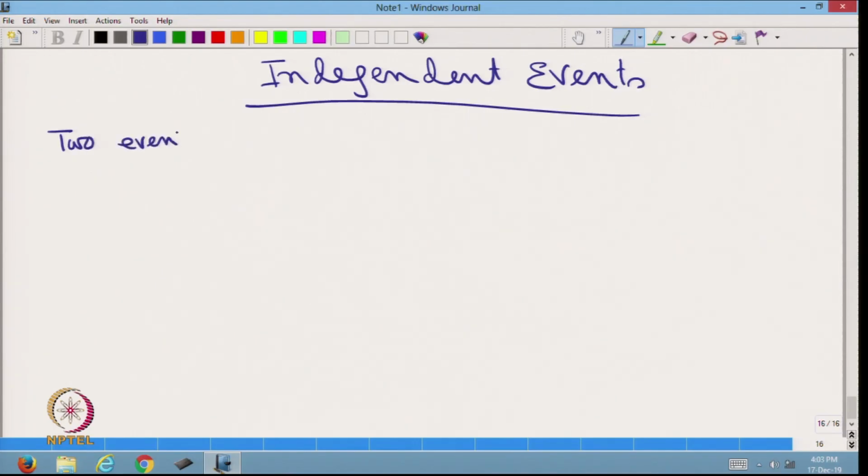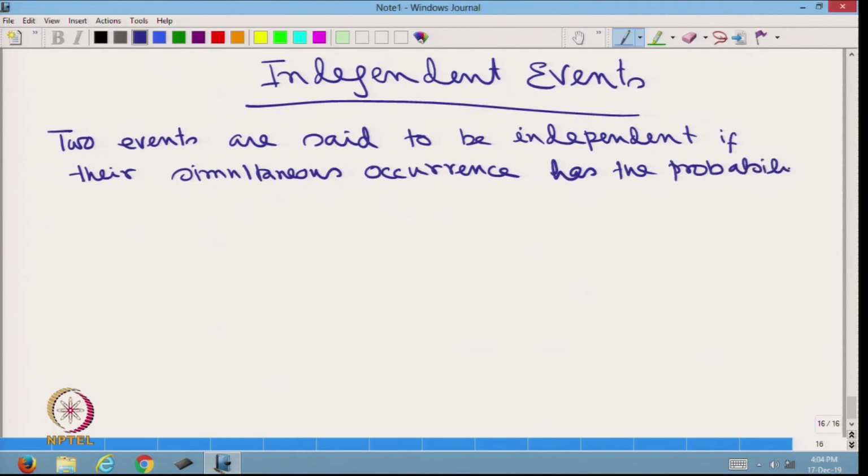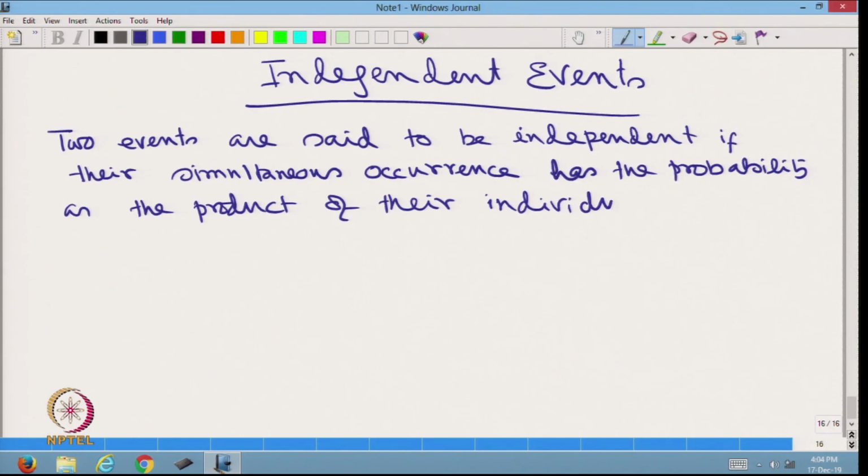Two events are said to be independent if their simultaneous occurrence has the probability as the product of their individual probabilities.